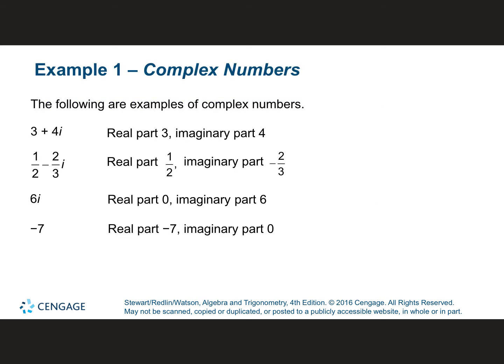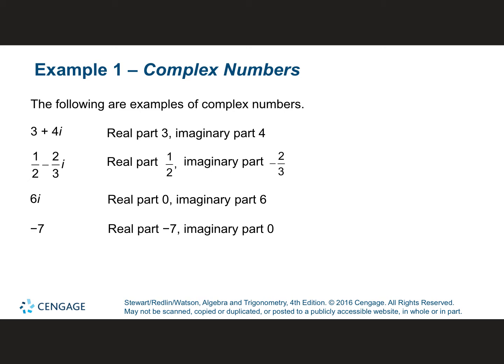If we look at the next page, it gives you different examples of a + bi form complex number expressions. If you look at 3 + 4i, the 3 is the real part. The 4 that's in front of the i is the imaginary part. If you look at 1/2 - 2/3 i, the 1/2 is your real part.